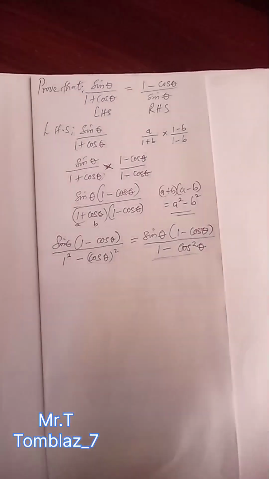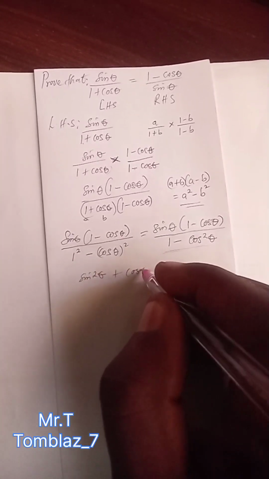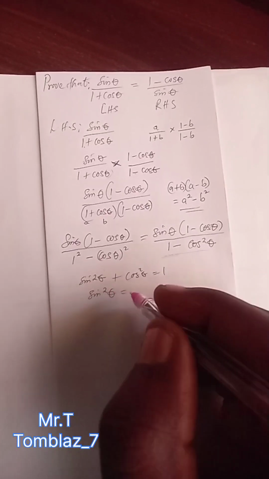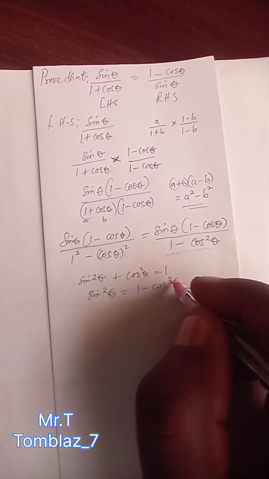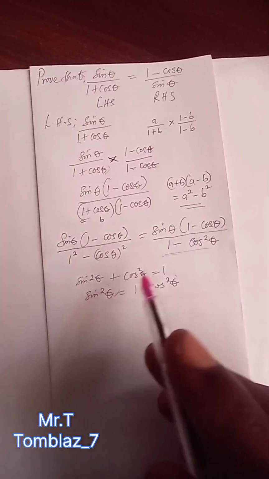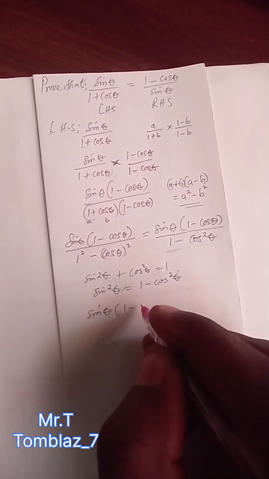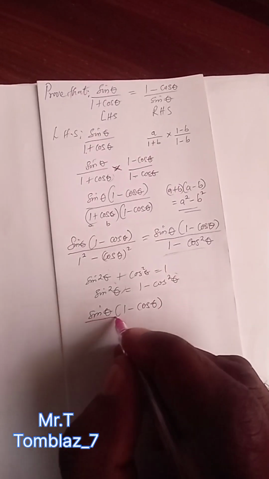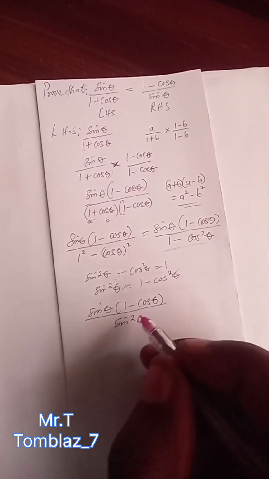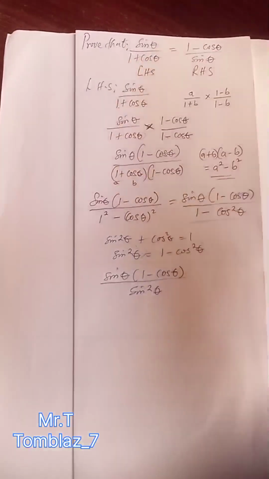It represents one of our identities, which was gotten from sine square theta plus cos square theta is equals to 1, where we say sine square theta can be equals to 1 minus cos square theta, correct? Okay, so if we substitute this value here with sine square theta, we'll be having sine theta into 1 minus cos theta all over sine square theta. Our aim is just to get this eliminated, right?